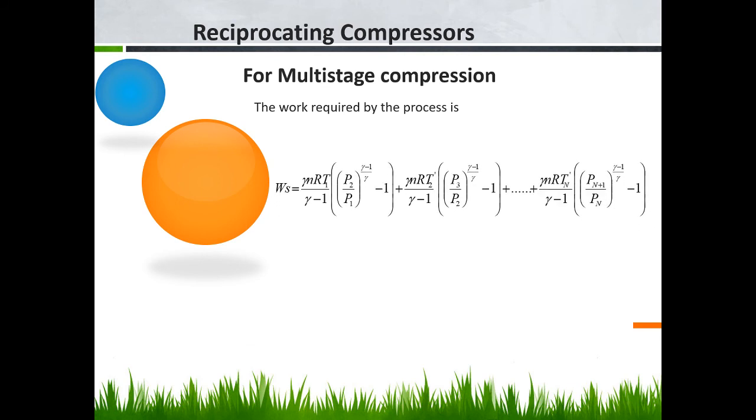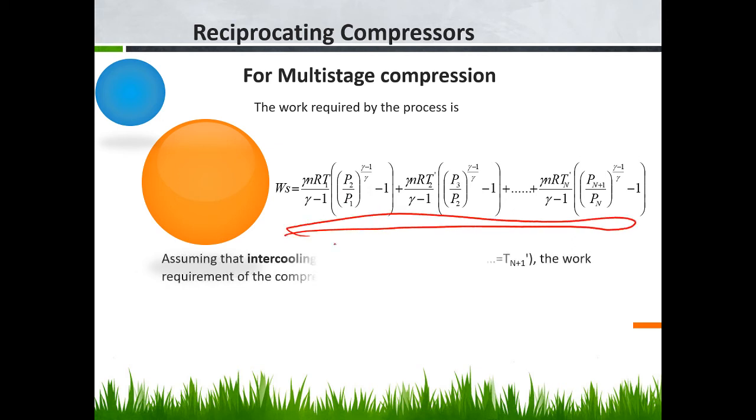Now, if we have a multi-stage compressor, ito na yung magiging equation ng work natin. Let's assume na intercooling is perfect. So, ano ibig sabihin ng perfect intercooling? Yung intermediate temperatures ay equal lang dun sa initial.